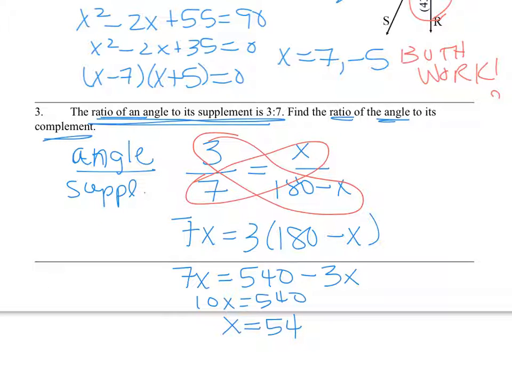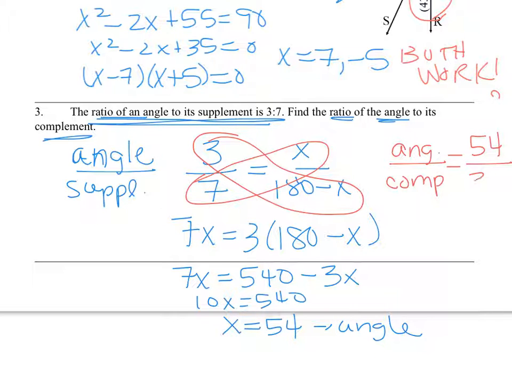Okay, so the angle is 54, and that makes its complement 36. If we simplify, we get a ratio of 3 to 2, because they're both divisible by 18.